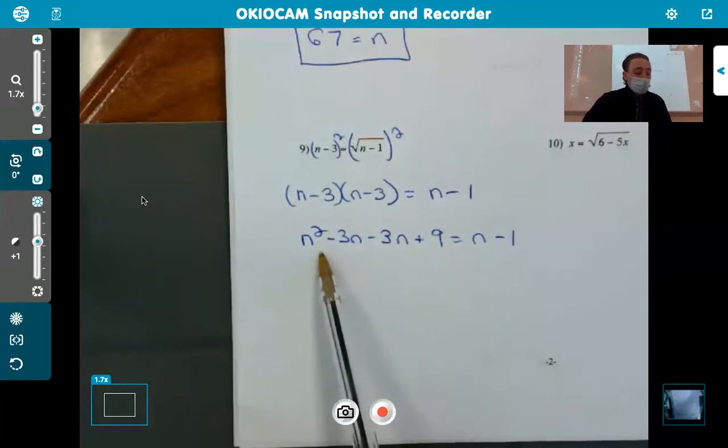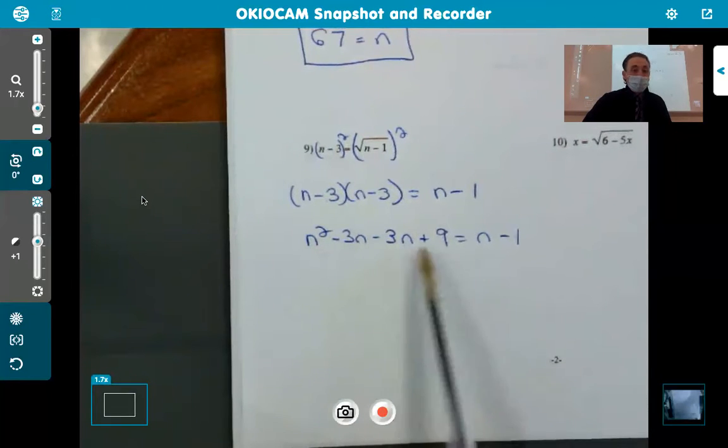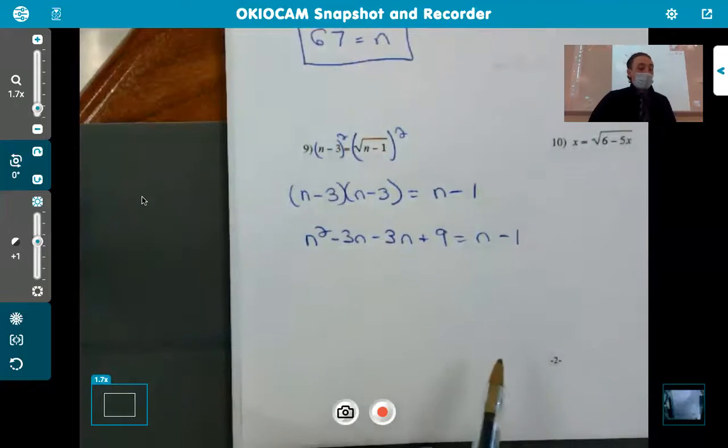Well, I have an n squared in my problem. We're going to see a lot of examples like this as we progress through, so we're aware of when we need to factor and things like that. Well, in order to start this process, I first want to combine like terms over here and then get all of my terms to the left-hand side. All right. Essentially, what we're doing is finding solutions where this would be equal to 0.